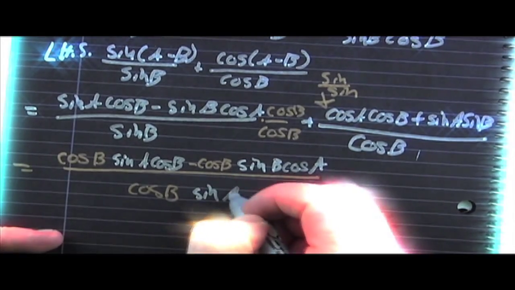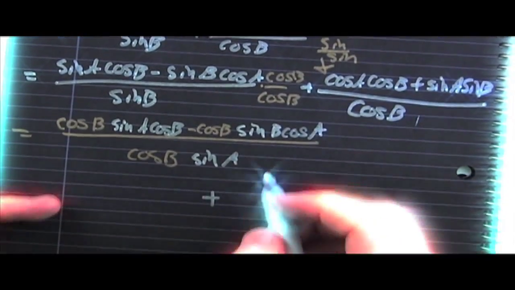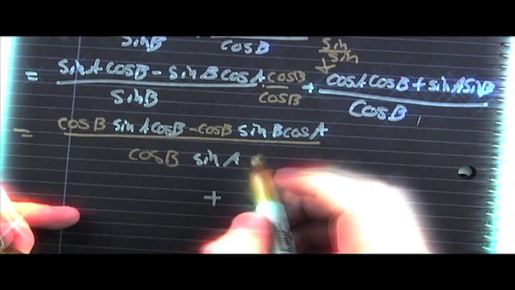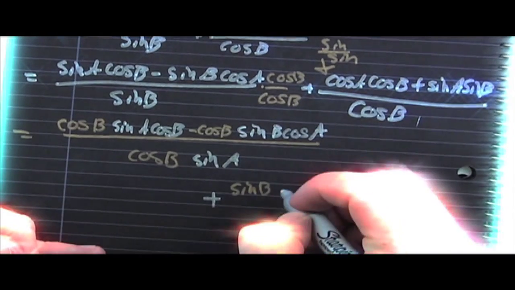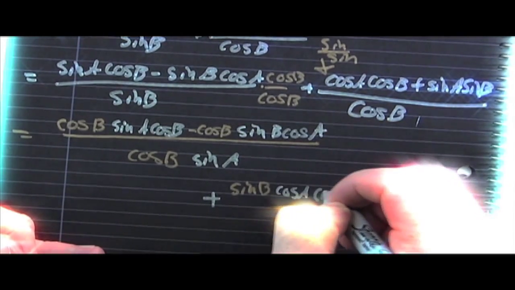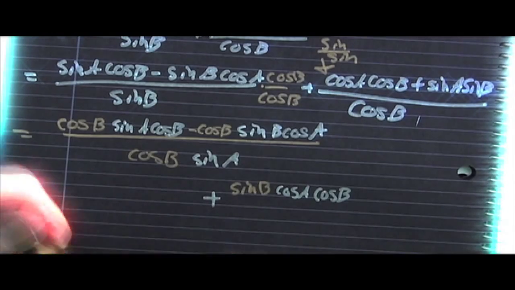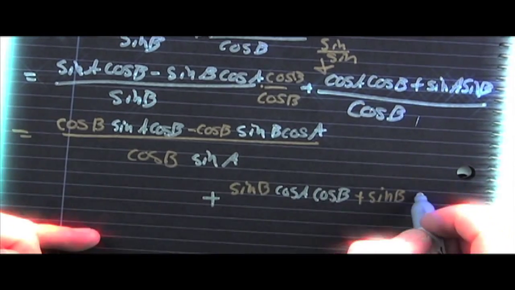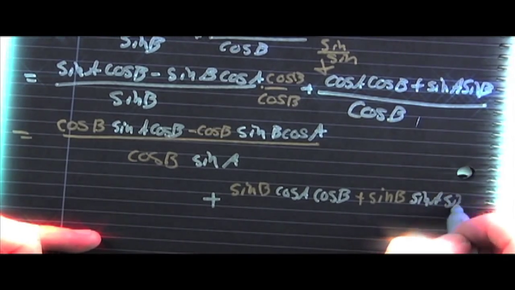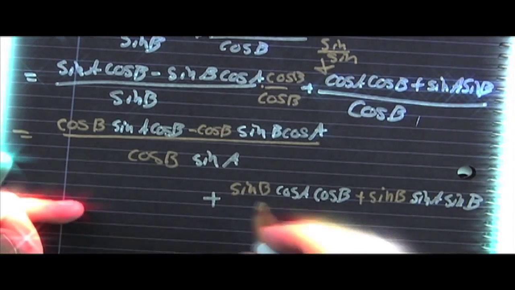Now, we're taking a look at that second term. We're multiplying top and bottom by the sine over sine. So when we distribute in that sine to the top, it's going to go to both of those terms. And it does. That's the sine b times cosine a cosine b plus the sine b sine a sine b divided by that common denominator.